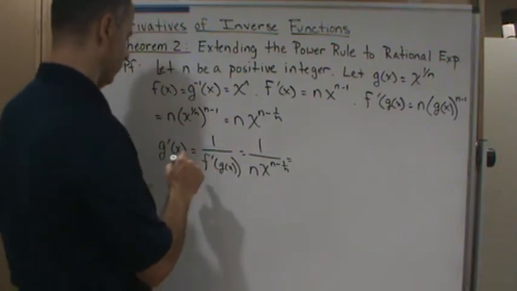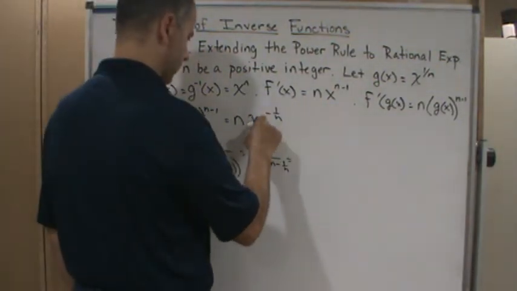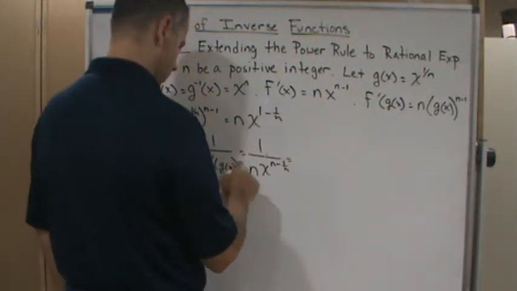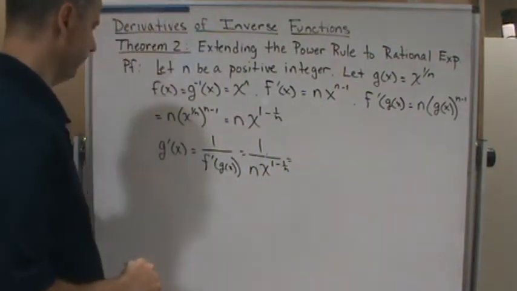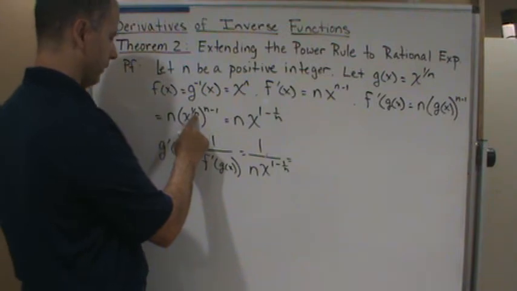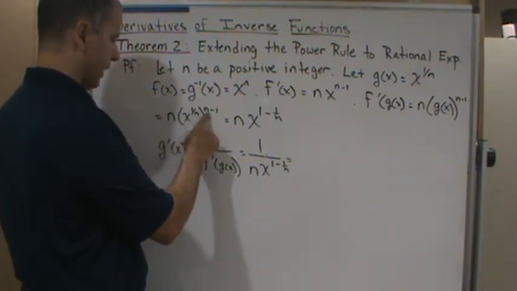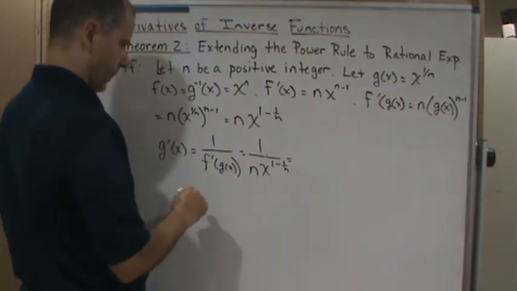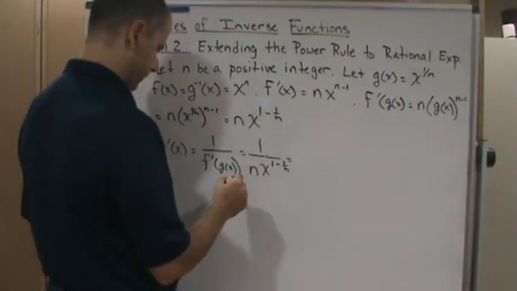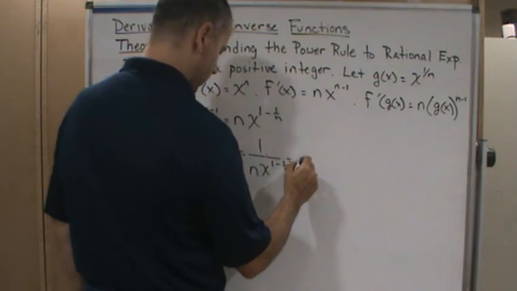Well, hold on a second. That's not right. I didn't multiply right. 1 over n times n is not n, it's 1. So this is correct.